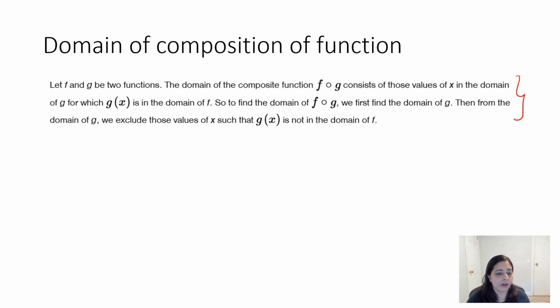Let f and g be 2 functions. The domain of the composite function f of g consists of those values of x in the domain of g for which g(x) is in the domain of f.